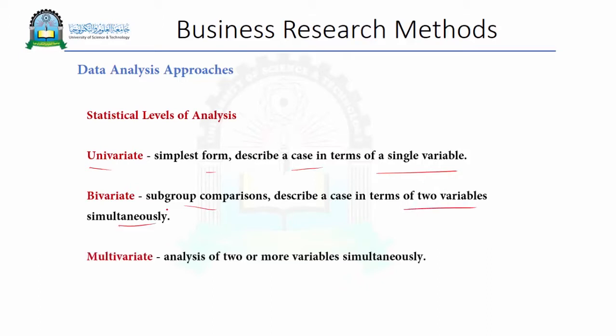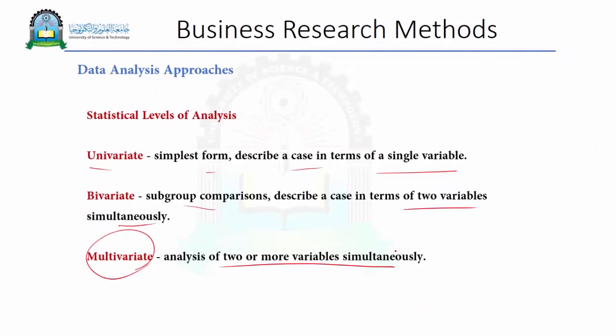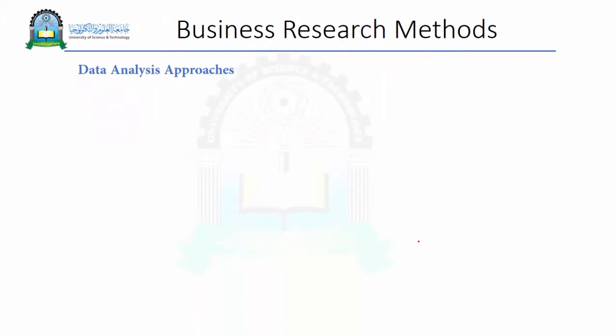The last level is the multivariate, which is the advanced, analyzing two or more variables simultaneously, all together in one equation.